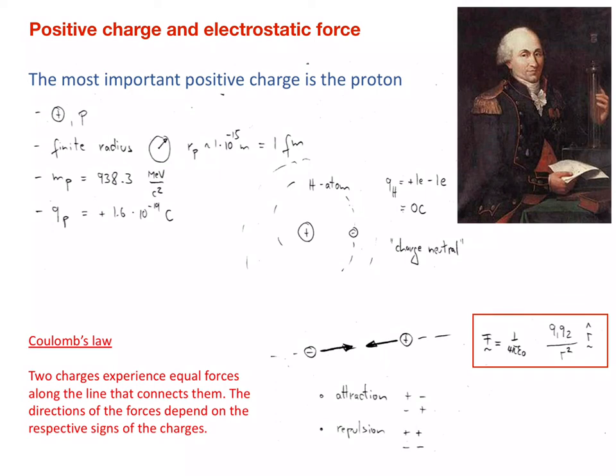In this equation, the factor 1 over 4 pi epsilon naught, where epsilon naught is the dielectric constant of vacuum, is characteristic of the SI system. Q1, Q2 represent the magnitudes of the two charges interacting with each other, and the r in r squared is the distance of separation between the two charges.